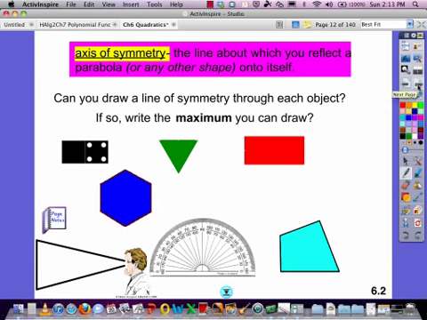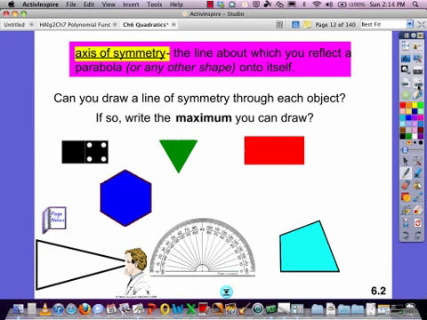When we talk about axis of symmetry, most of us have been exposed to this in geometry class. The axis of symmetry is the line about which you reflect a parabola or any other shape onto itself. So the question is, can you draw a line of symmetry through each of these objects? If so, write the maximum number you can draw.